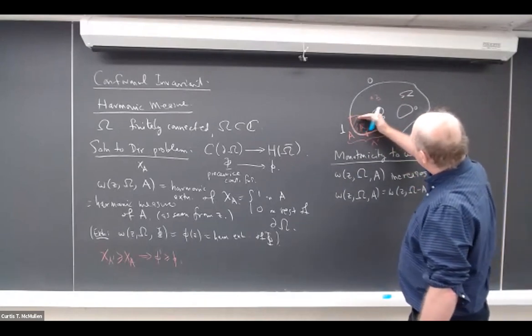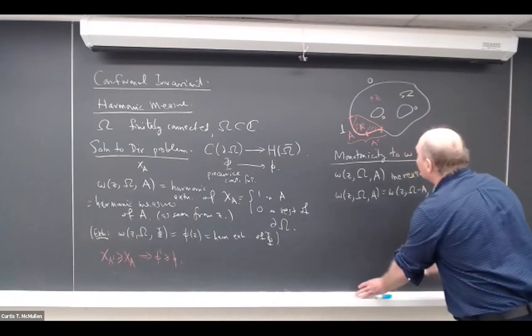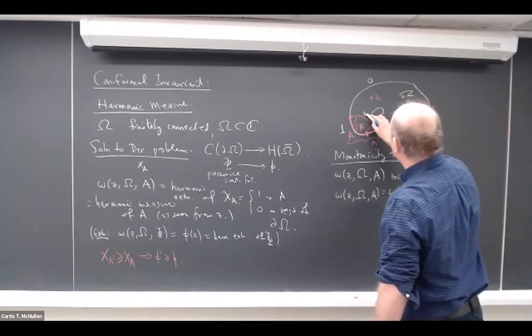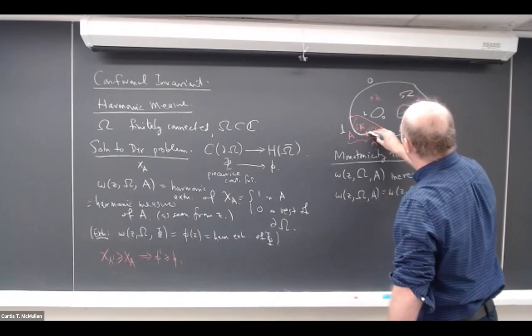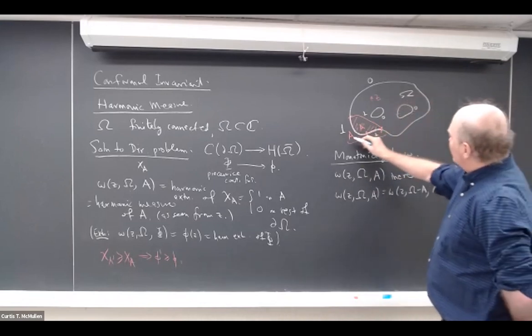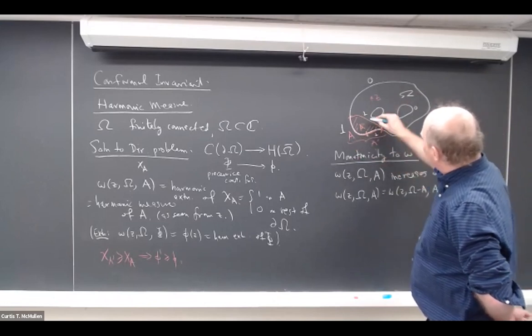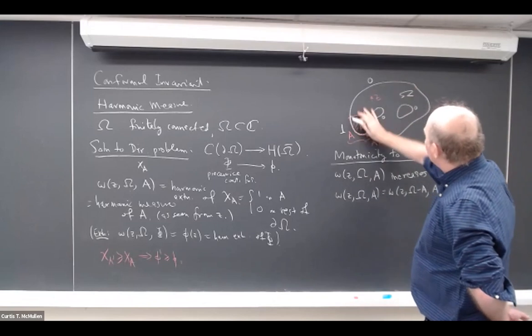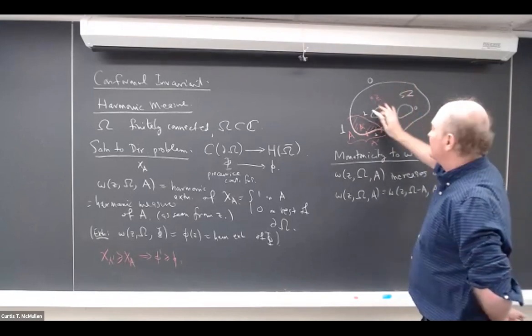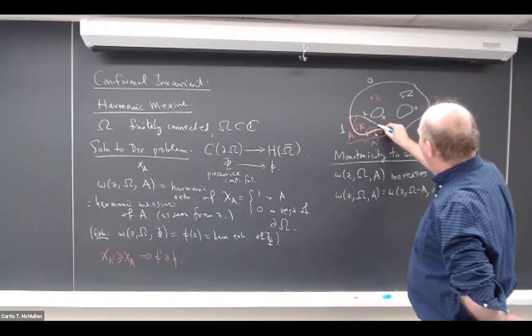Okay, so we could push A inside the region, and then we would be looking at a function that's equal to 1 here, rather than a function that's equal to 1 here. And now the harmonic extension of the indicator function of A is less than or equal to 1 inside of this whole region, because it lies between 0 and 1. So it lies below 1 on this boundary.